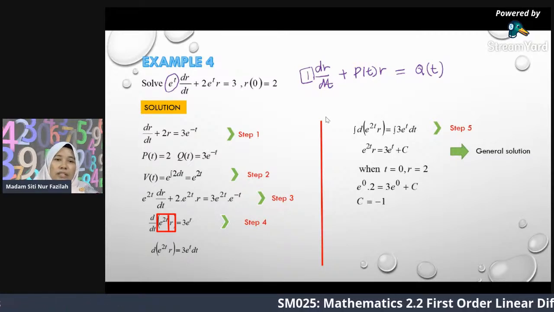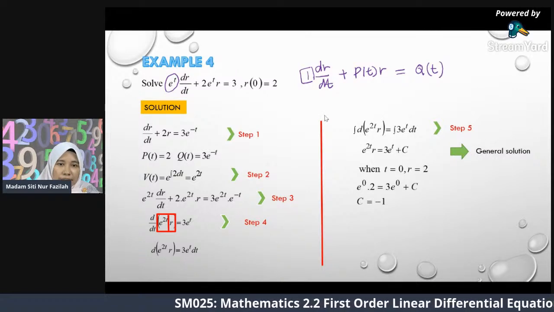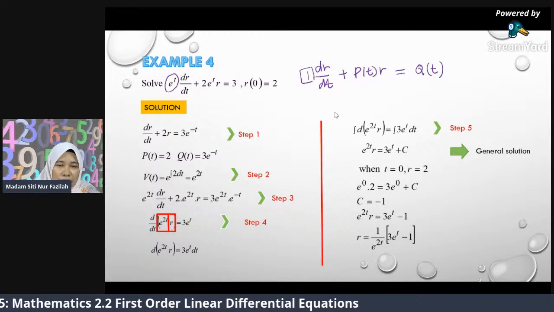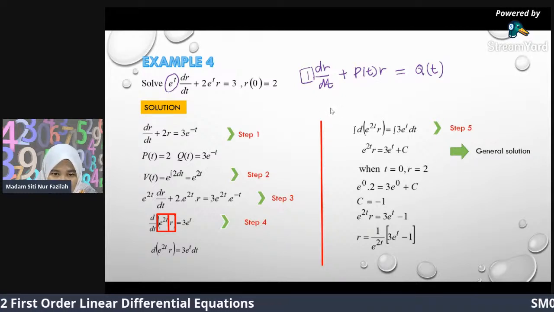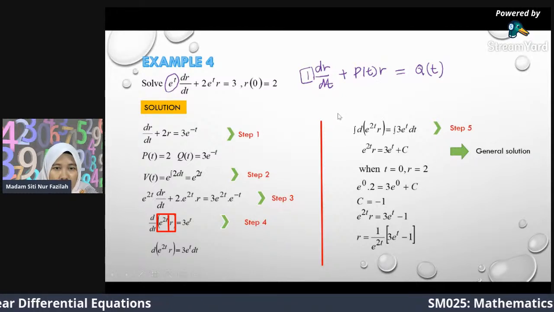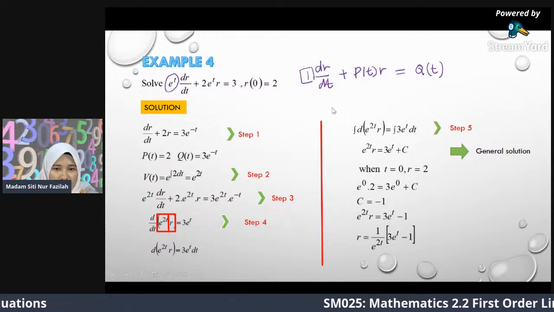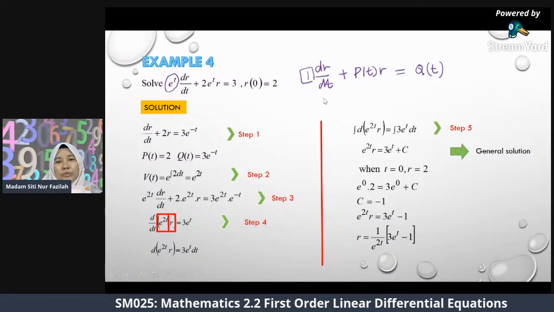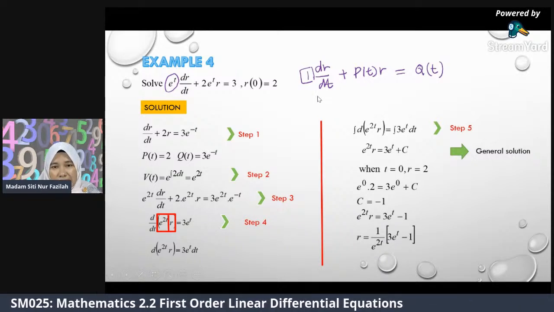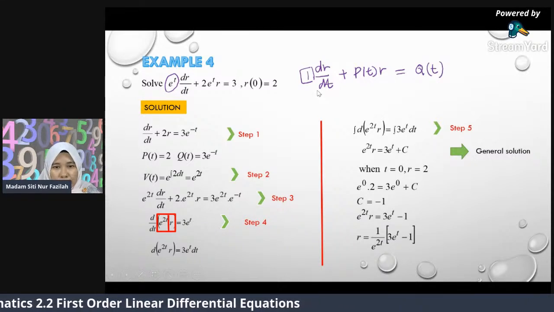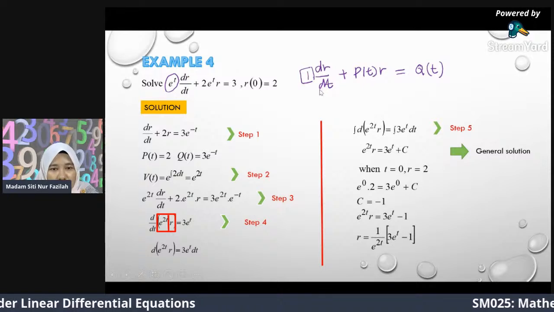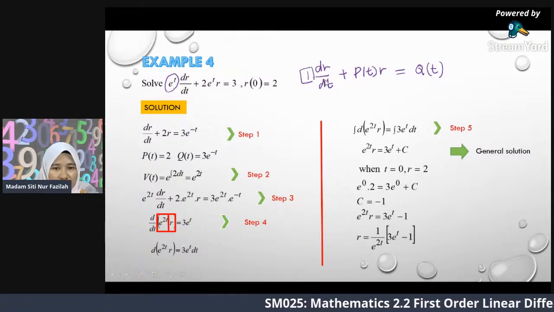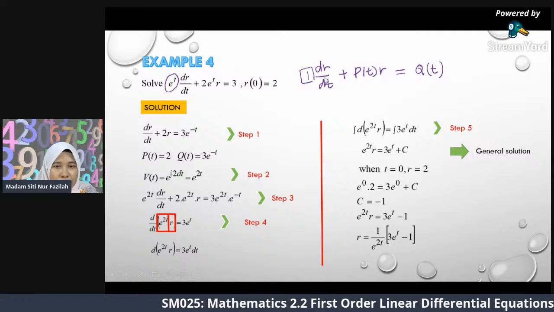Then e^(2t) r = 3e^t - 1. Expressing r in terms of t, we get r = (1/e^(2t))(3e^t - 1).